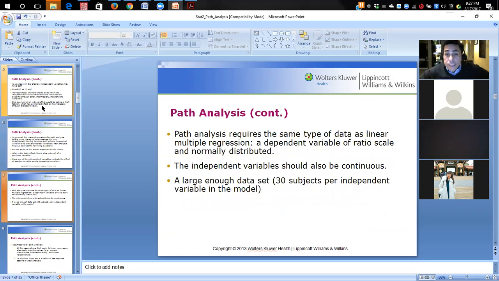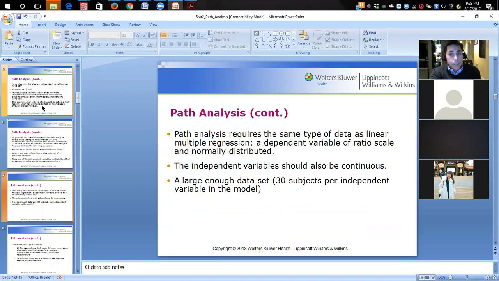Path analysis requires the same type of data as linear multiple regression: the dependent variable must be a ratio or scale type of data, and it has to be normally distributed. So these are the assumptions. The independent variable should be continuous, so none of those categorical variables, only things like cholesterol, which is continuous, and blood pressure, which is continuous. You cannot use age ranges.